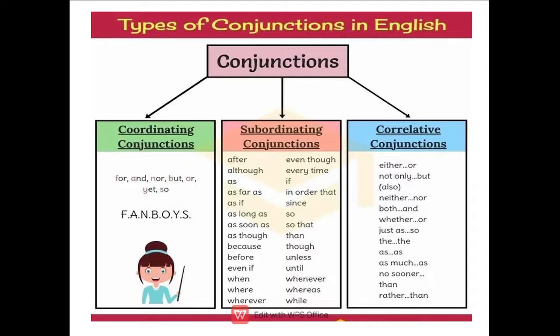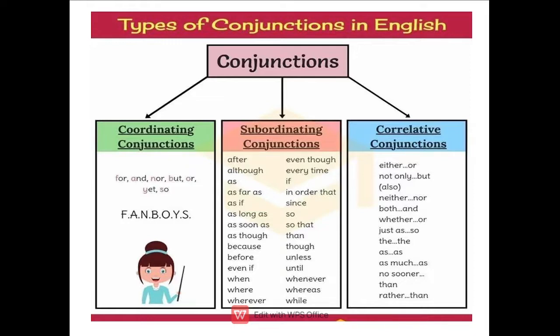These are all my subordinating conjunctions. Then there are correlative conjunctions: either or, not only but, neither nor, both and, whether or, just as, so, the, as much as, no sooner than, rather than.